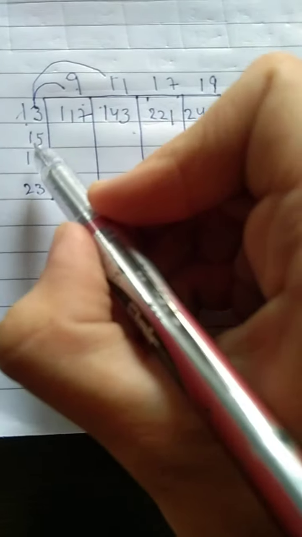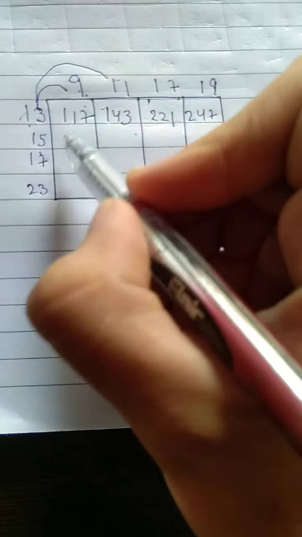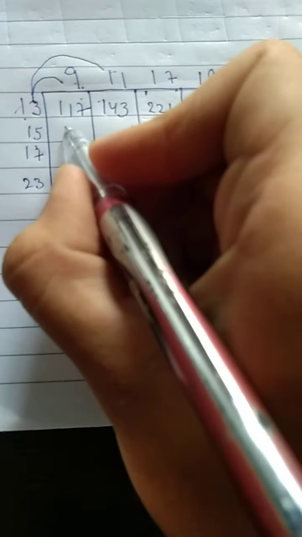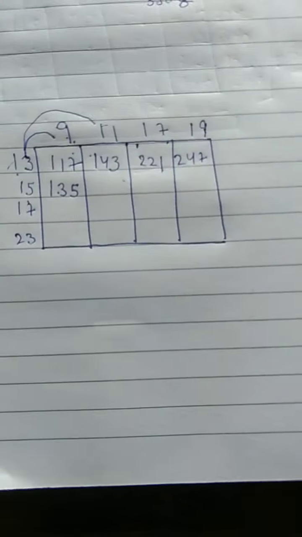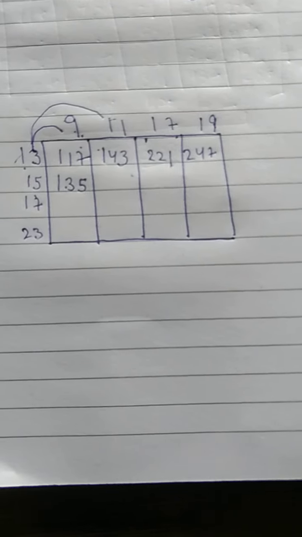Similarly, you have to multiply 15 by 9 and the answer will be put in this box. Here it is 135. Actually, I have done it already, so I'm just teaching you the method. Otherwise, if you do these calculations manually, then it will take some time.